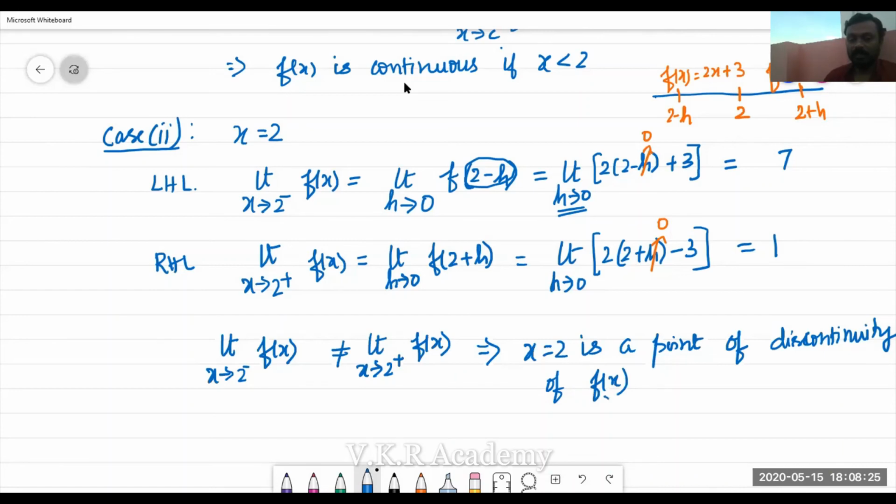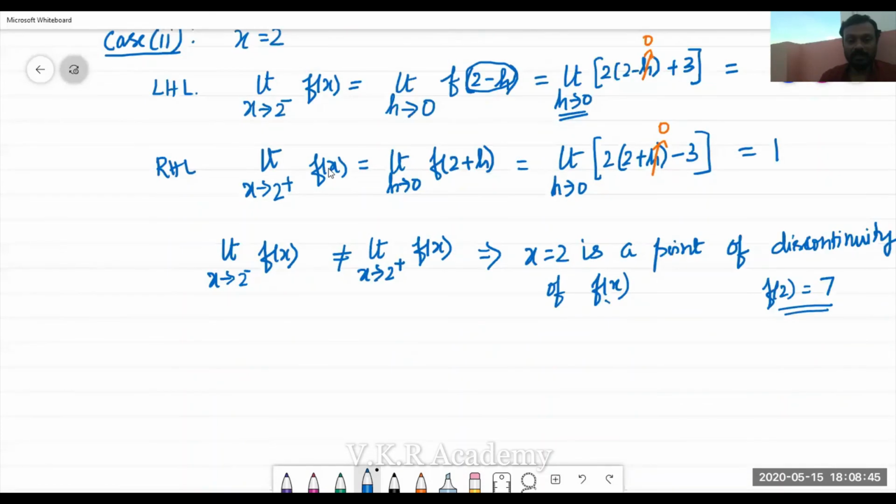The value of the function at x equal to 2, that is f of 2, is equal to 7. The left hand limit and the right hand limit are not equal. The function exists, but the left hand limit is not equal to the right hand limit. Therefore, 2 is a jump discontinuity of the given function.